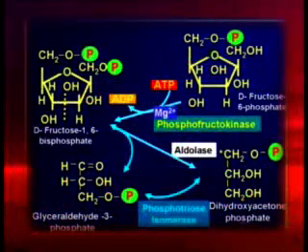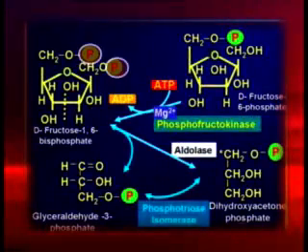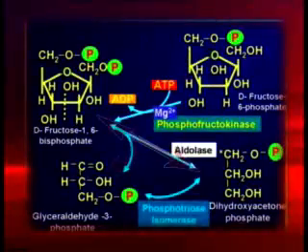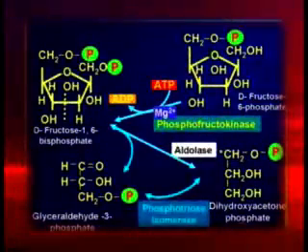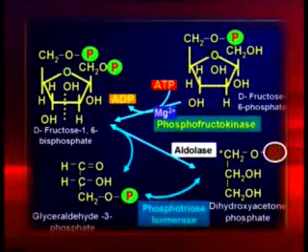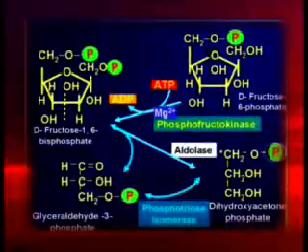Fructose 1,6-bisphosphate is a 6-carbon molecule. It has two phosphates, one at carbon number 1 and one at carbon number 6. This molecule splits in the center to give you two halves of 3 carbons. So it forms two isomers again, one dihydroxyacetone phosphate and another one glyceraldehyde 3-phosphate. If you see, this molecule is split halfway. The first phosphate comes into the dihydroxyacetone phosphate, the last phosphate comes into glyceraldehyde 3-phosphate.